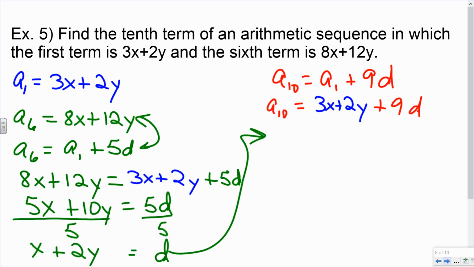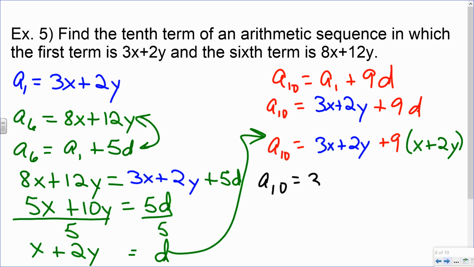So I have A10 is now my 3x plus 2y plus 9, and d is x plus 2y. So if I distribute all of that, 3x plus 2y plus 9x plus 18y.